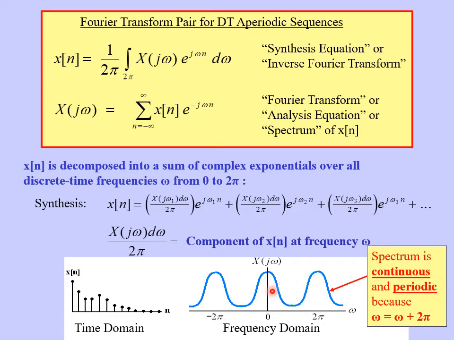But remember that omega only goes from 0 to 2 pi, and after that it just repeats itself. So we won't always show all these repeats in the spectrum. A lot of times we just plot it from negative pi to positive pi, or we can plot it from 0 to 2 pi. But anything beyond that is just repeating over and over.